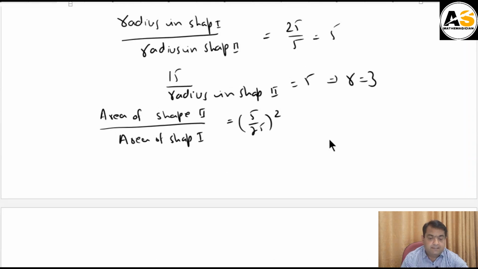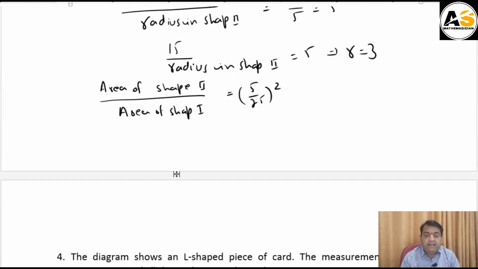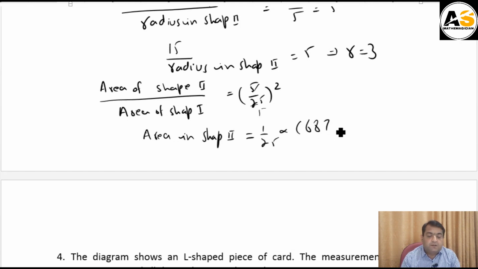So this will give us the area in shape 2, which we have to find. It is equal to, this will be simplified, 1 by 25 multiplied by area of shape 1, 687 plus point something plus 248.